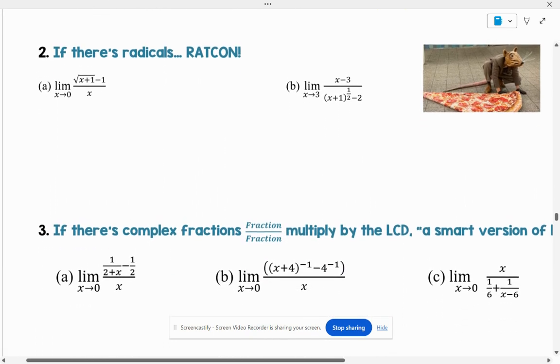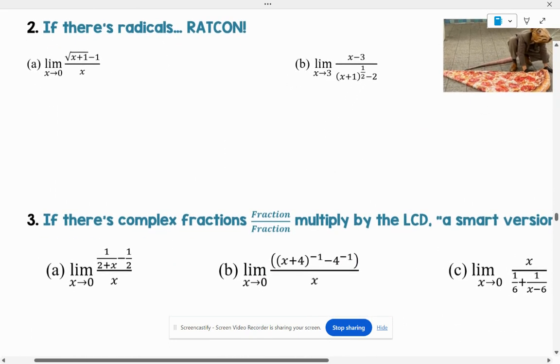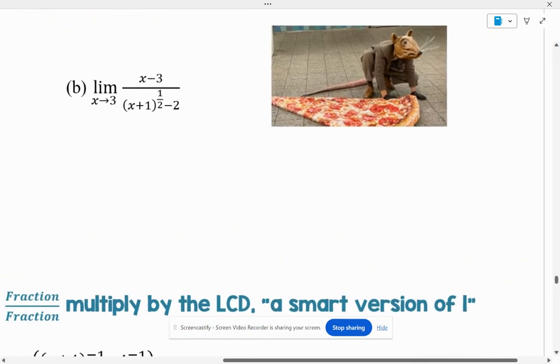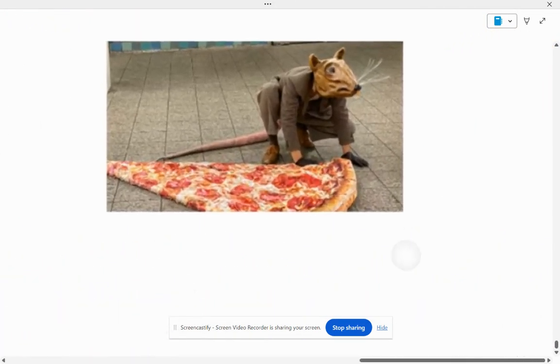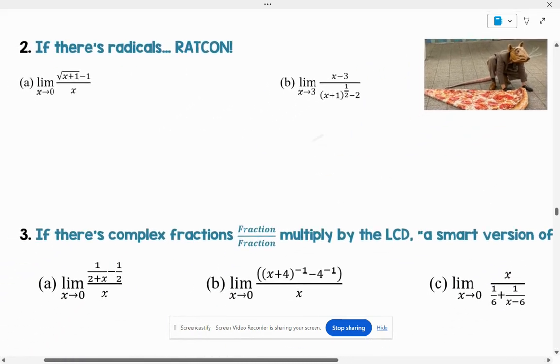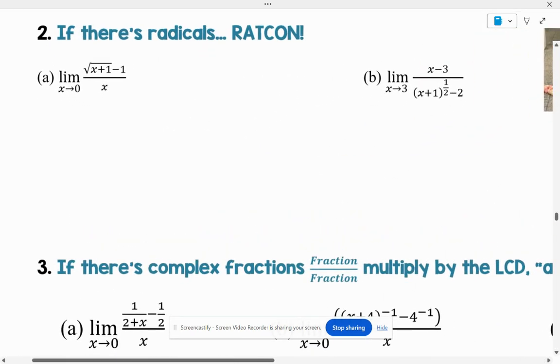All right, let's try the next ones. Try these, guys. I'll help you write them, and then I want you to try them on your own, okay?